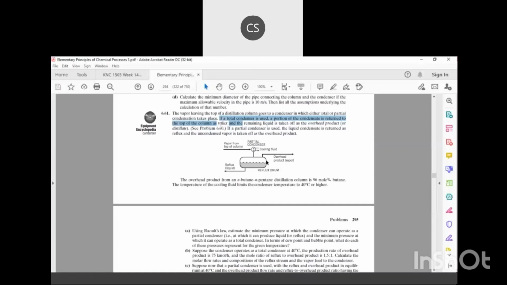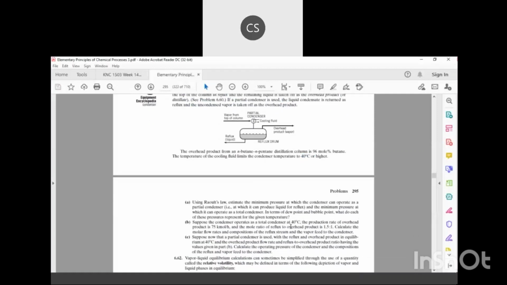So the first vapor bubble forms at the temperature of 40 degrees Celsius here. So that's the definition of the bubble point pressure.